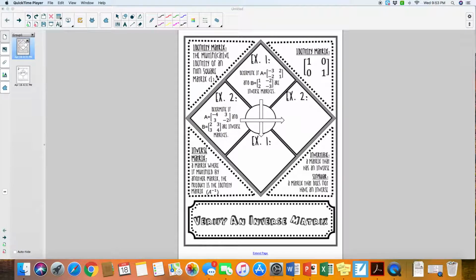It is an array of numbers. So it's a little bit different because it's not one single number. So the identity matrix, which is equivalent to the single number 1 in number terms, is going to be an arrangement of 0s and 1s, where 1 is going to be the leading coefficient on each row.